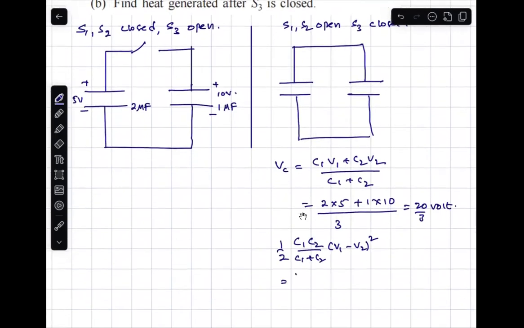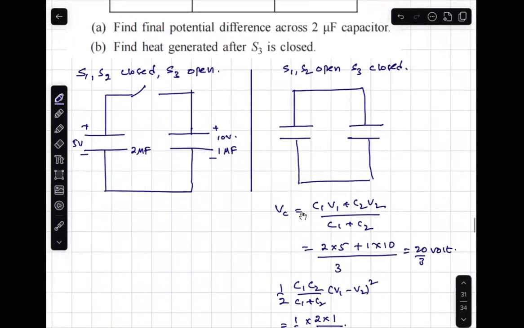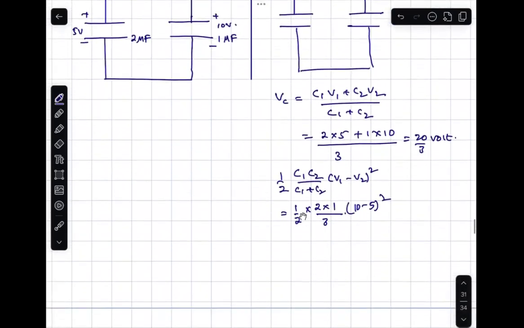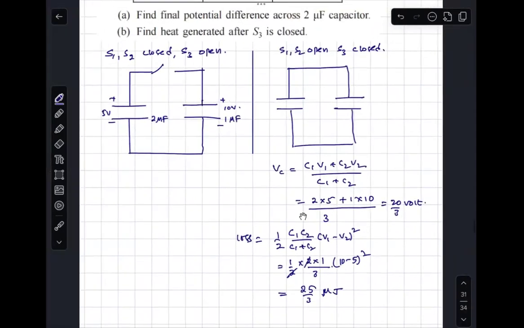So therefore, this is half into 2 into 1 by 3 into the potential difference. The difference is 10 minus 5, which makes no difference because there is a square term. This is 25 by 3 microjoules loss.